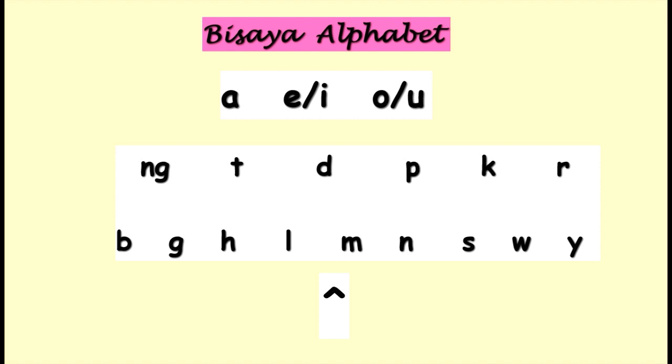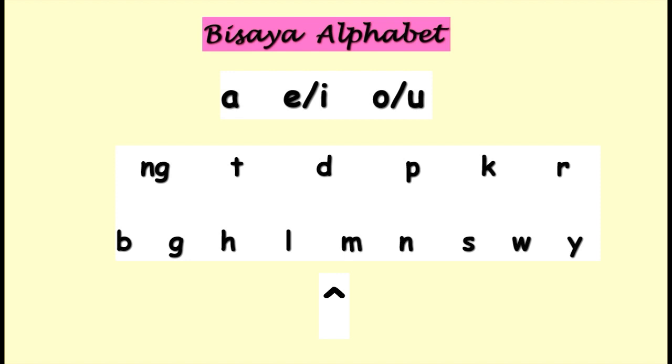Mayong buntag. So today we're going to study Cebuano phonology and we're going to use this chart. In the upper portion, you will see three letters, each representing a sound. And on the lower part, you'll find a set of letters also, representing another set of sounds.